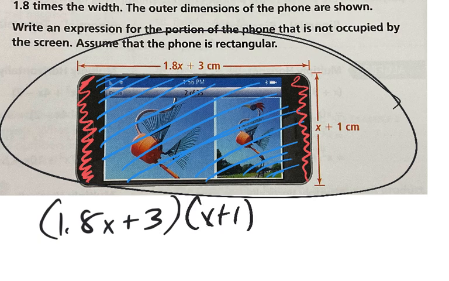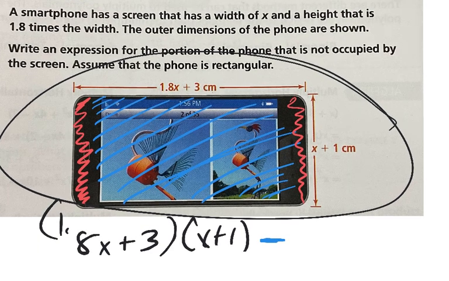And so I could multiply this out, right? I'm not doing it right now. That gives me the area of the entire thing. But all I want is the area of what's in red, the area not occupied by a screen. So I need to subtract the part that's in blue. How can I find the area of the part that's in blue?